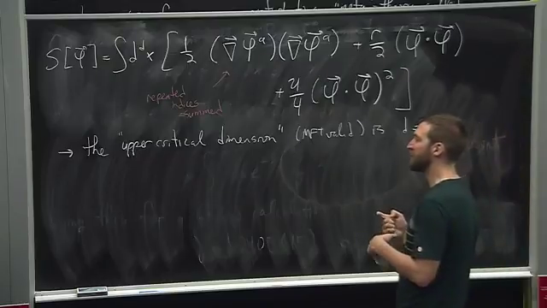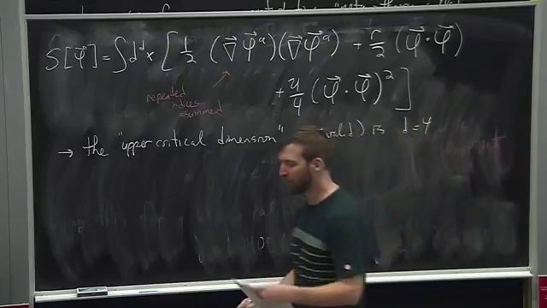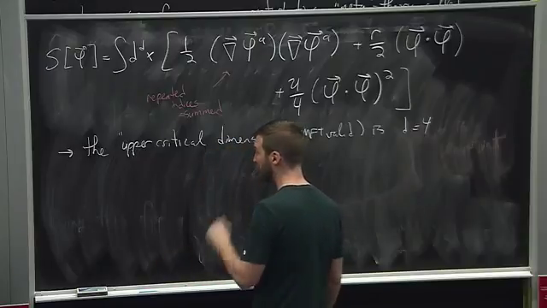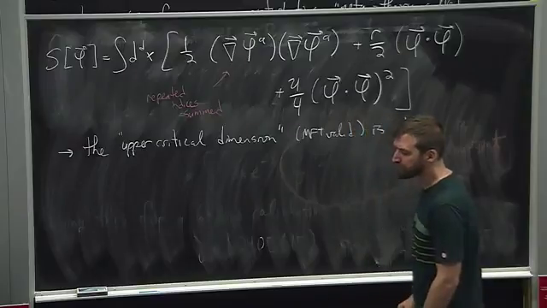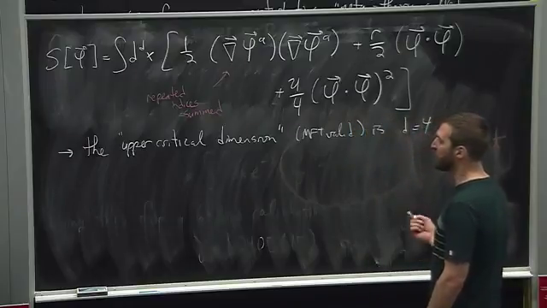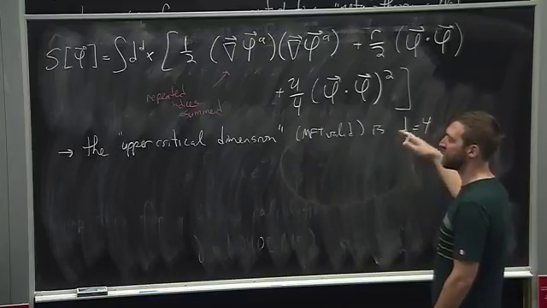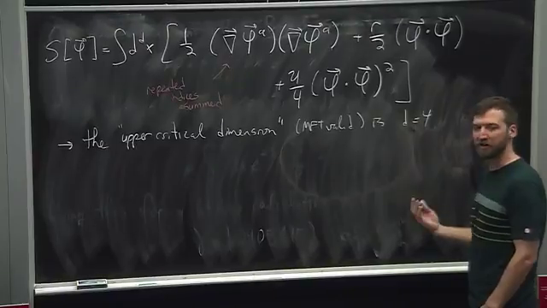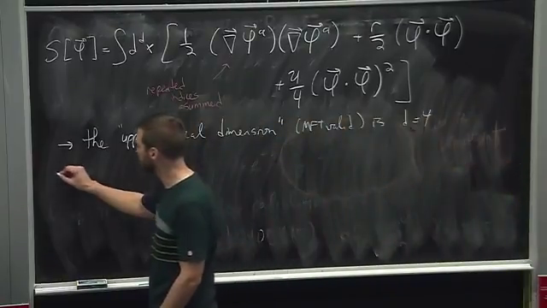But in principle, the critical exponents are different from Ising. They might depend on this O(N) symmetry. And there's an important caveat to this idea of dimension. There's what's called a lower critical dimension that we have to worry about for these O(N) theories.